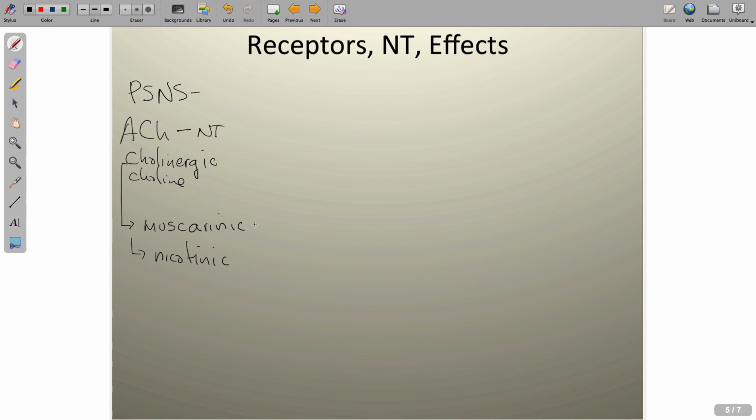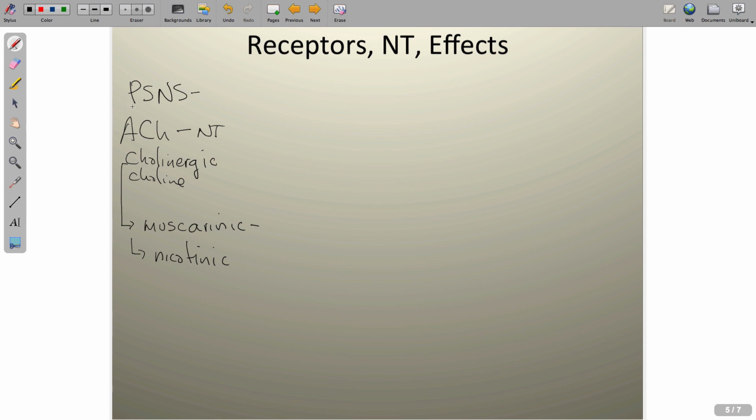Muscarine is a chemical, nicotine is a chemical, and when muscarine affects a different cell, it must mean that there's a receptor to receive that chemical. So muscarinic receptors are areas of the cells that are able to bind to this chemical called muscarine. Nicotinic receptors are the same thing, except they bind nicotine. Everybody knows what nicotine is.